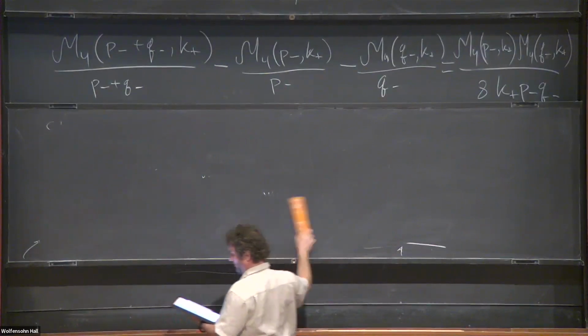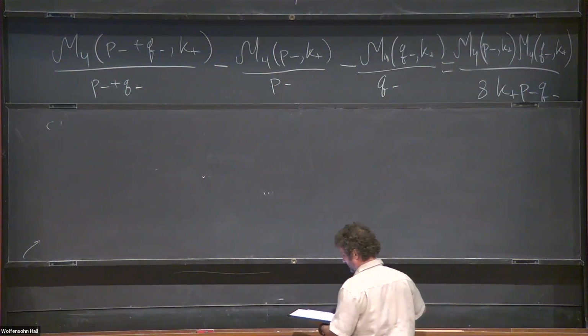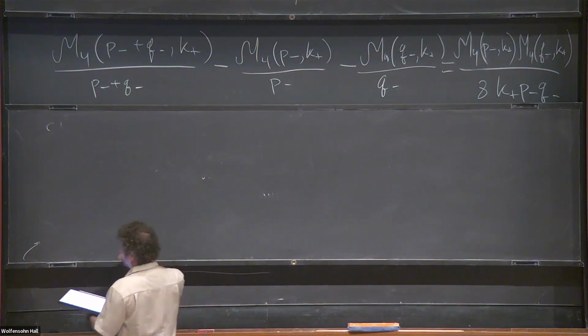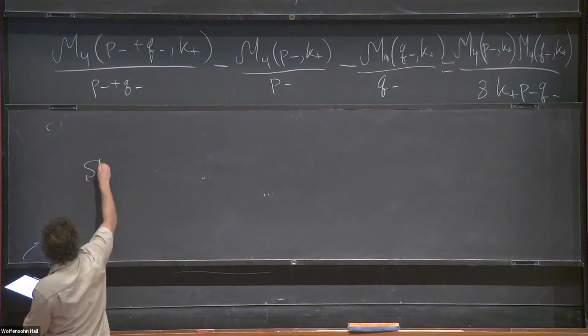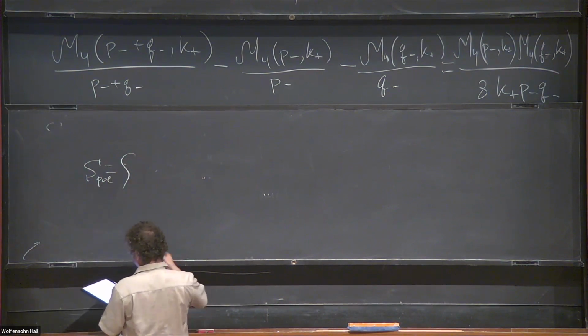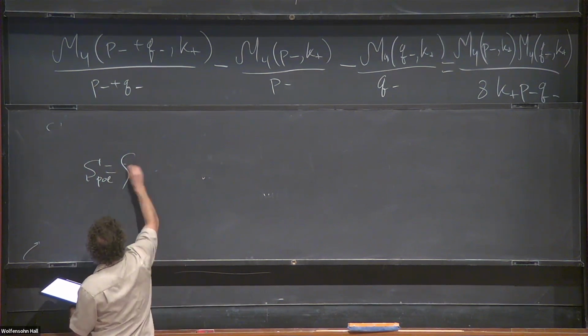So in the Polyakov language, we describe the system by the Polyakov action, which is of course classically equivalent to Nambu-Goto.